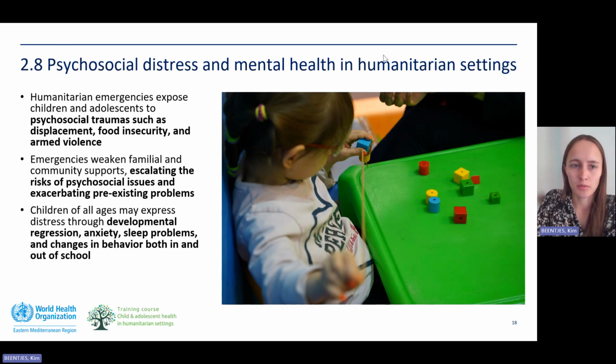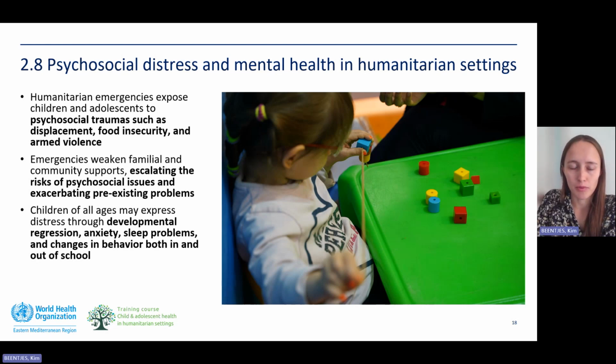Humanitarian emergencies expose children and adolescents to psychosocial traumas. This can include displacement, food insecurity, and armed violence. And emergencies also weaken familial and community supports, which escalates risks of psychosocial issues, and it can exacerbate problems that were already existing before.